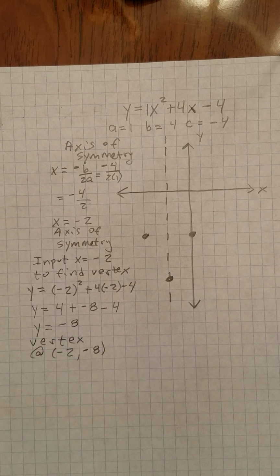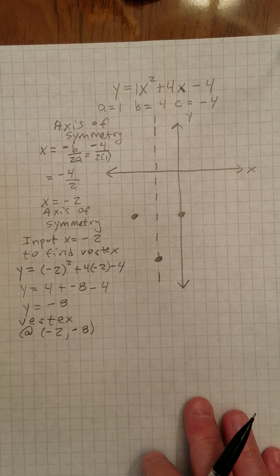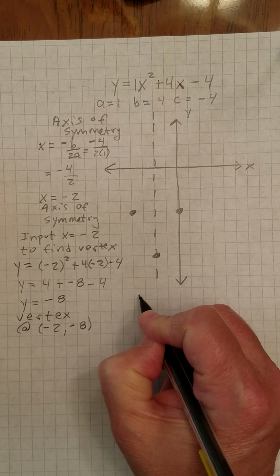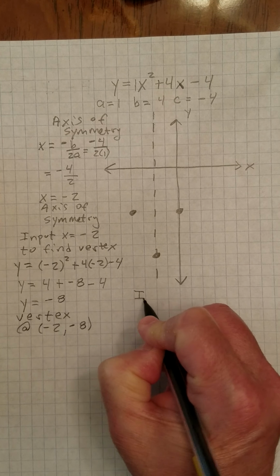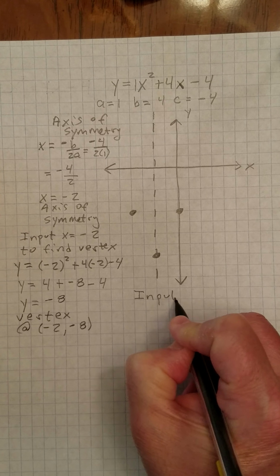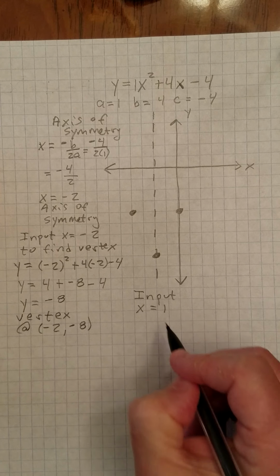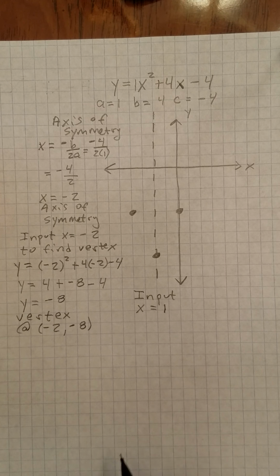Now all we have to do is find two other points. We're only going to really use math to find one of them, and then the other one we're going to use symmetry for it. I like to pick x values for this next point that are very easy to use. And I'm going to choose an input of x equals 1. So I want to find out what the output's going to be.